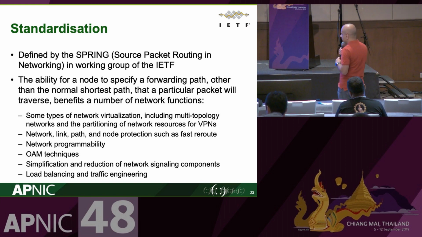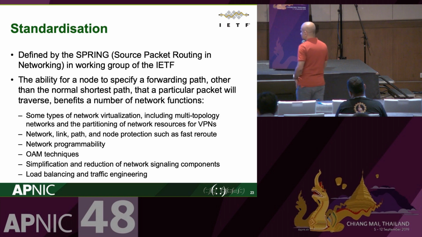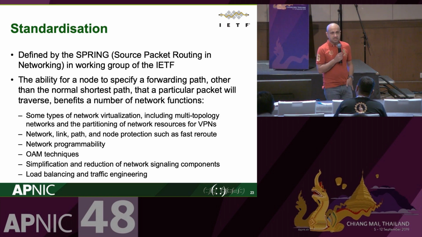It can help with network virtualization. It can help with different types of protection, such as node protection and link protection, giving us fast reroute kind of capabilities. It helps with network programmability. I spoke about that earlier.